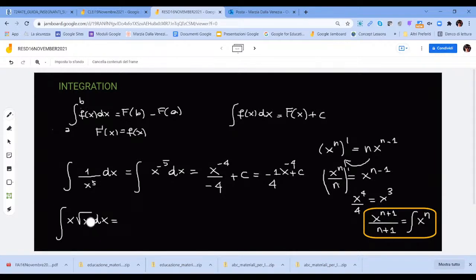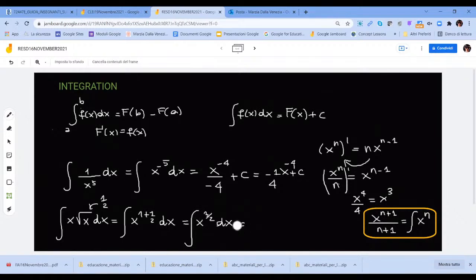where powers of x appear, but you have at first to notice that this is 1/2 as a power, so you have x to the power of 1 plus 1/2, because the product between the two powers gives the sum of the exponents, and then you have the integral of x to the 3/2 dx, and then you can compute in the same way.